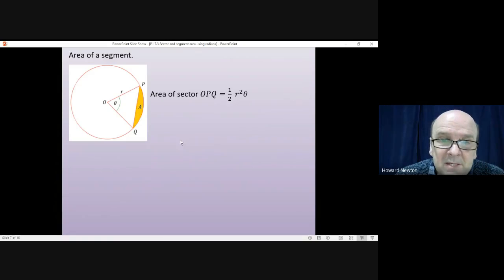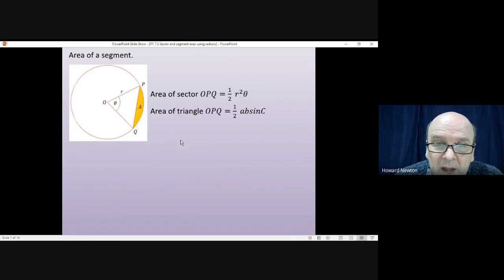Now, the way we find it is, first of all, we find the area of the whole sector. So like we were doing just now, the sector OPQ, which is a half r squared theta. And then we take away this triangle. Now, the area of that triangle we can find using the area rule, a half AB sine C. And we know the radius, hopefully we know the radius here, we know theta here.